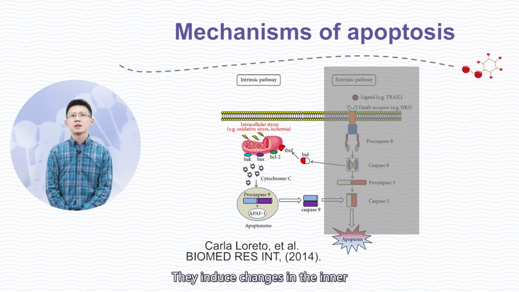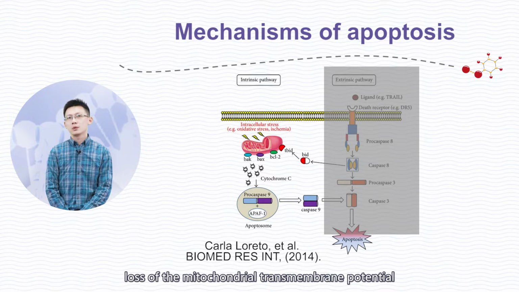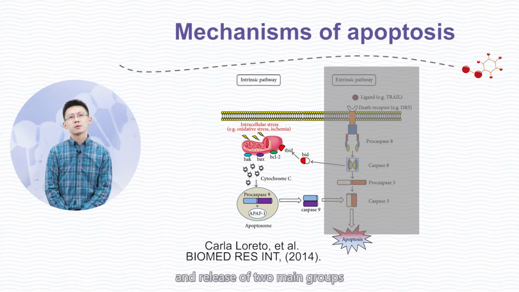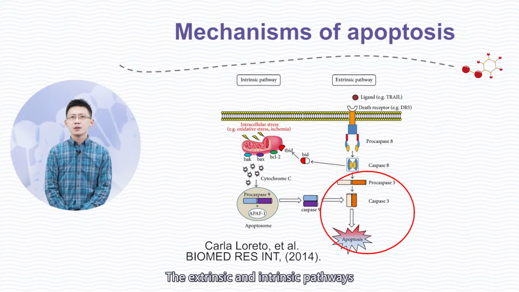They induce changes in the inner mitochondrial membrane that result in an opening of the mitochondrial permeability transition pore, loss of the mitochondrial transmembrane potential, and release of two main groups of normally sequestered pro-apoptotic proteins from the intermembrane space into the cytosol. The extrinsic and intrinsic pathways both end at the point of the execution phase of apoptosis.